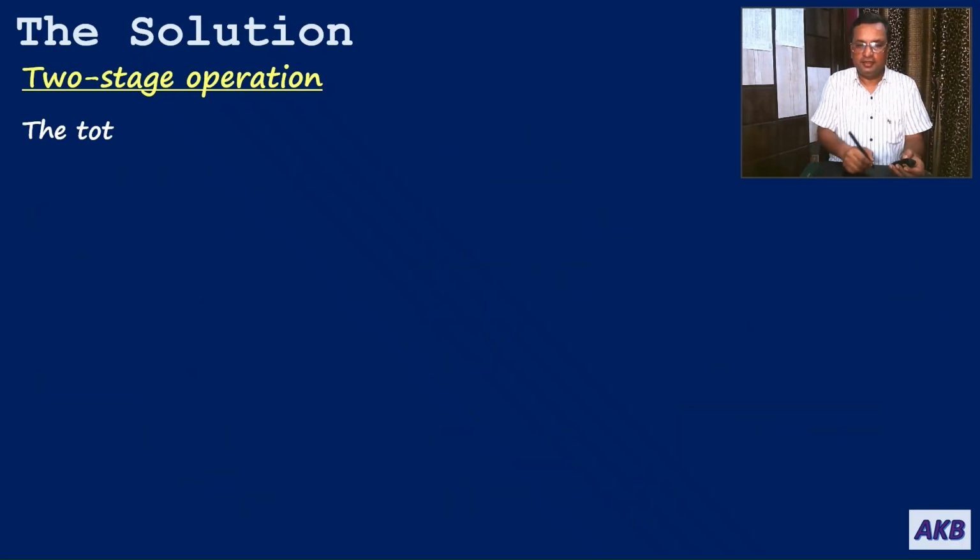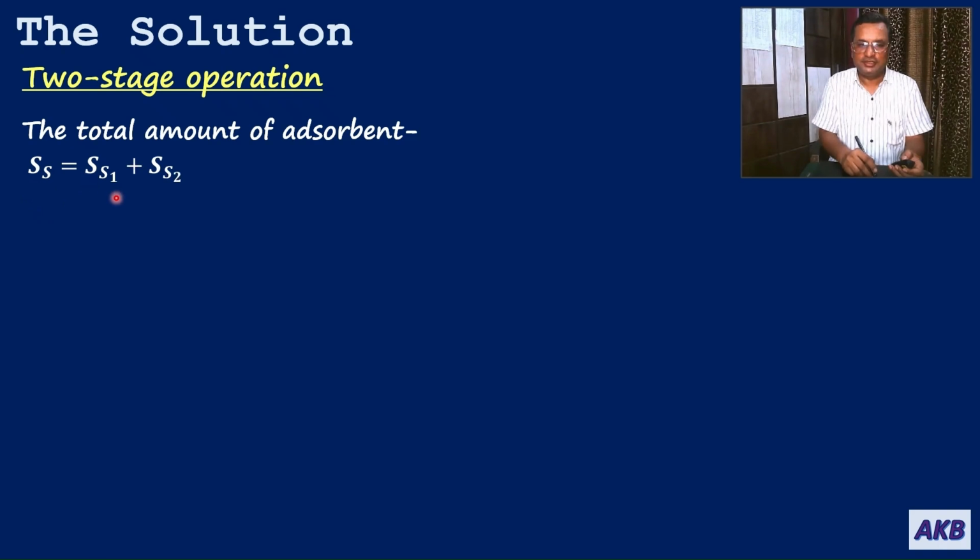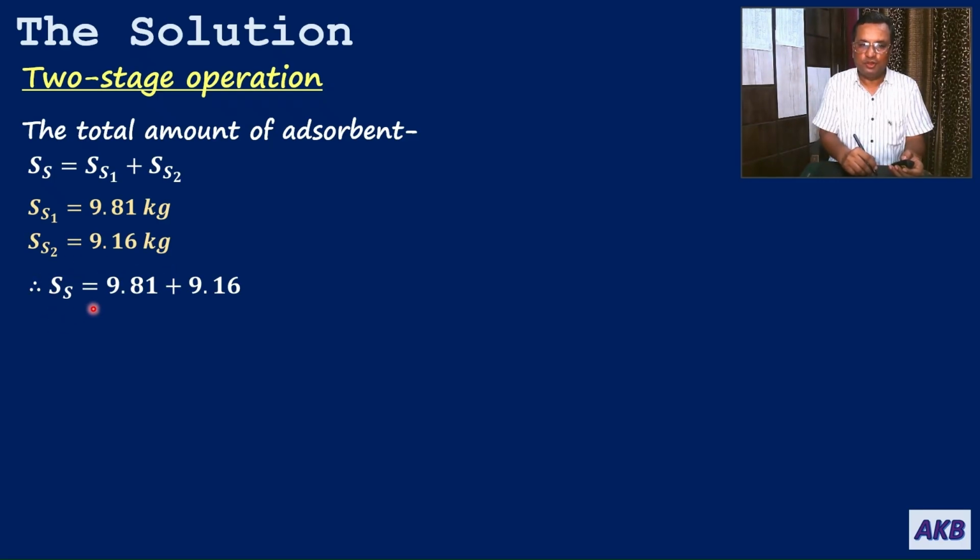So finally we will get the total amount of adsorbent required in both the stages. That is SS is equal to SS1 plus SS2. SS1 is 9.81 kg, SS2 is 9.16 kg. So the total amount will be 9.81 plus 9.16, which comes out to be 18.97 kg.